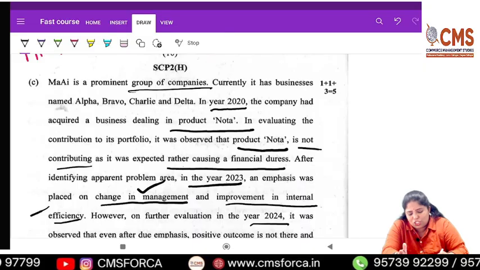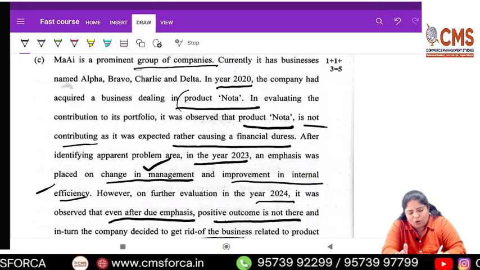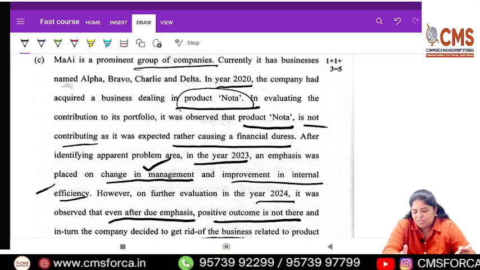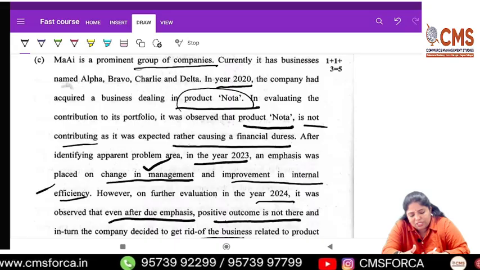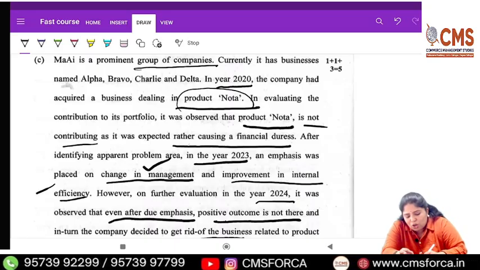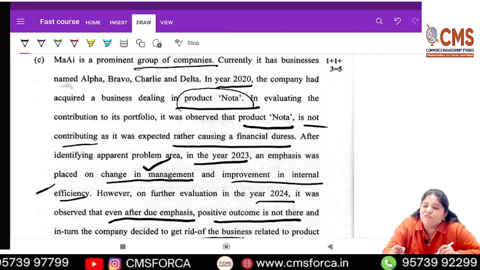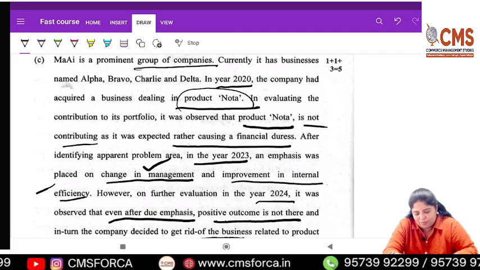In 2020, the business is dealing in product nota. In evaluating and contributing to its portfolio, it was observed that product nota is not contributing as expected and rather causing financial duress.